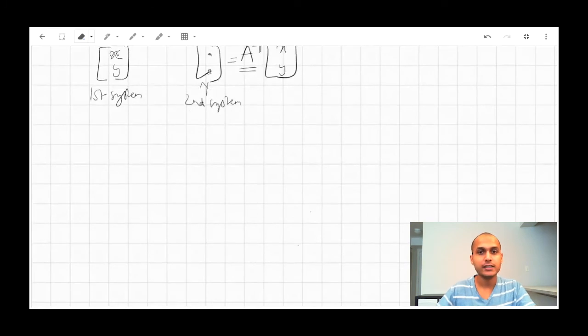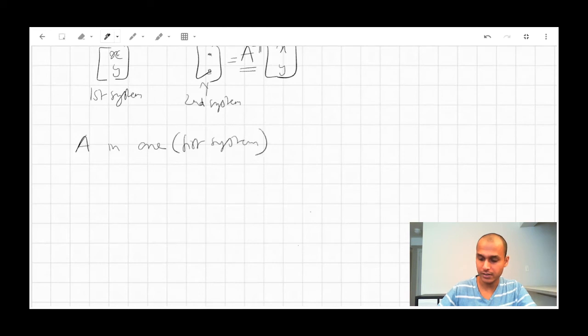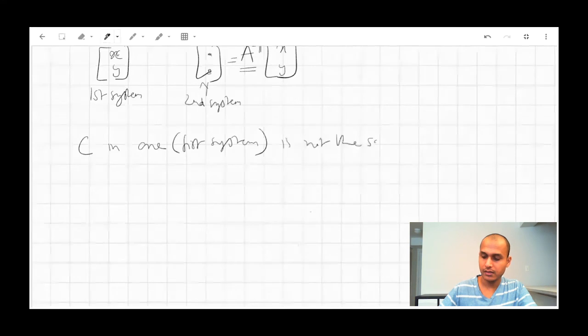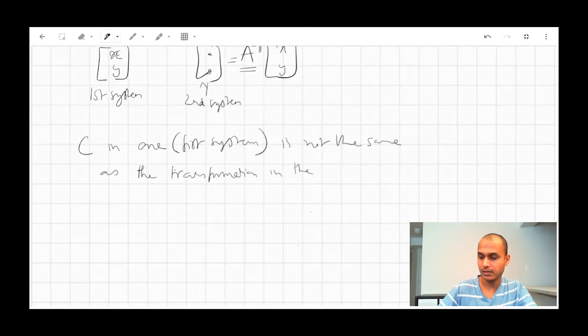The main point is that a linear transformation, let me not use A, a transformation such as C, let's say in the first system, is not the same as the same transformation in the second system.